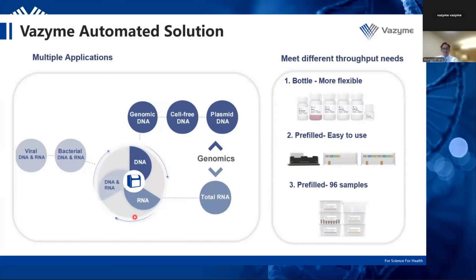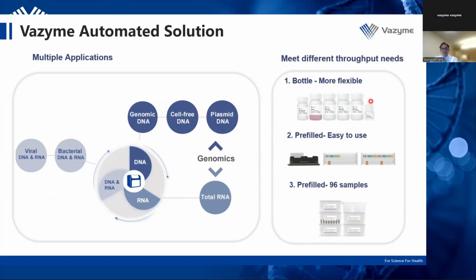So on the left, we see that our system supports multiple applications, including extraction of viral and bacterial DNA and RNA, genomic DNA, cell-free DNA, plasmid, and total RNA, and so on. And on the right side, we address the different throughput needs.